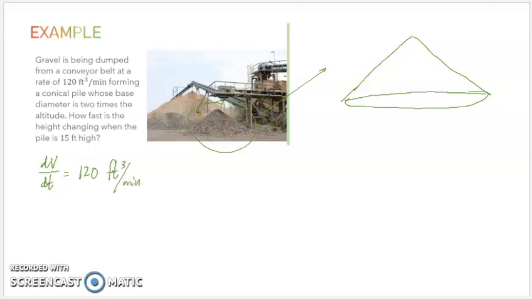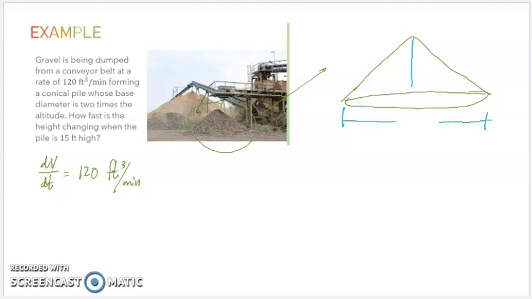And we are using the positive sign because if the conveyor belt is dumping on it, then its volume is increasing. And then, according to our problem also, the base diameter is 2 times the altitude.